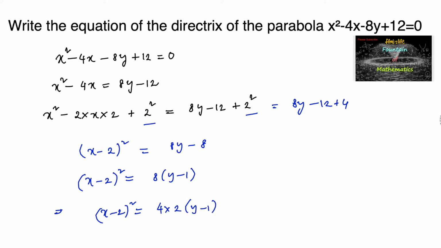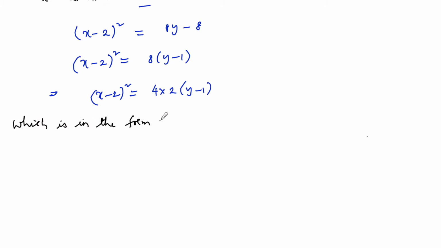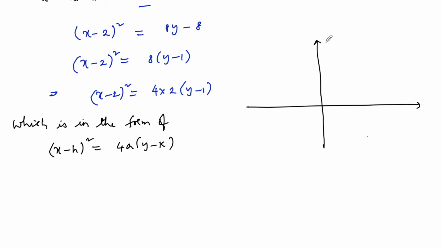So which is in the form of x minus h whole square is equal to 4a times of y minus k. So let us consider the form of the parabola whose vertex is h comma k here. So here the vertex can be taken when comparing as 2 comma 1, so at x is equal to 2 and y is equal to 1.